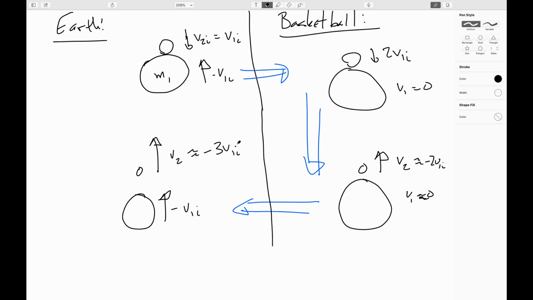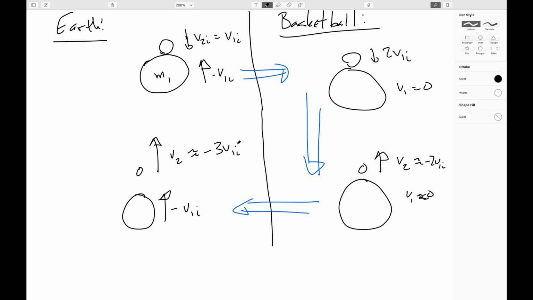So in other words, it flies up at about triple the speed. A little under, because the Earth will carry an almost negligible amount of speed away. The basketball will recoil a little bit, so it won't be as good as 3. Maybe it's 2.9 or something like that.